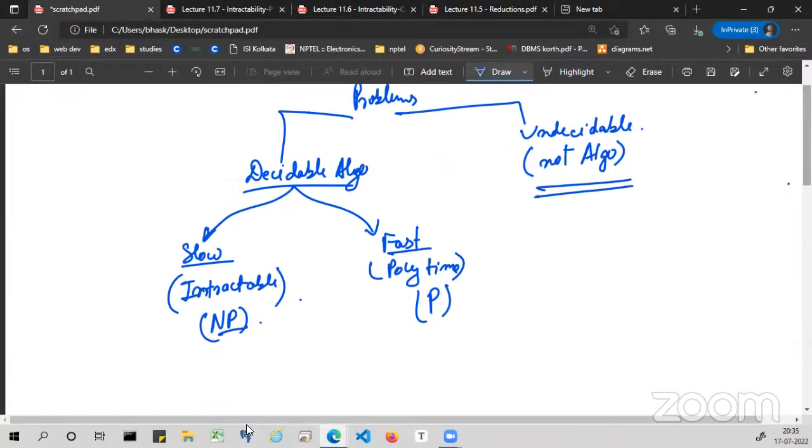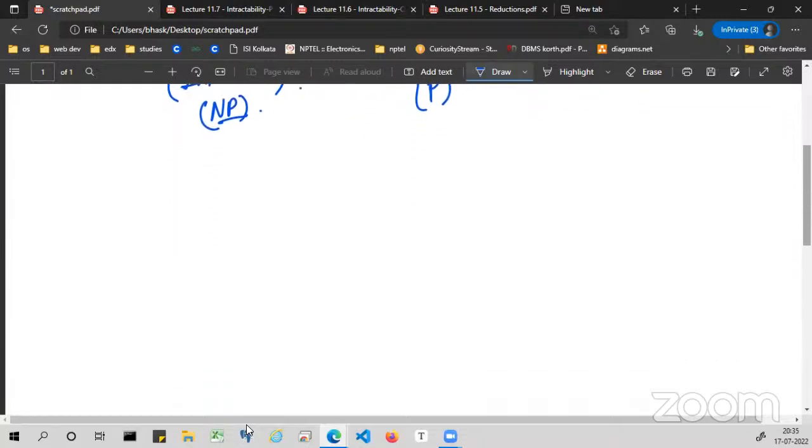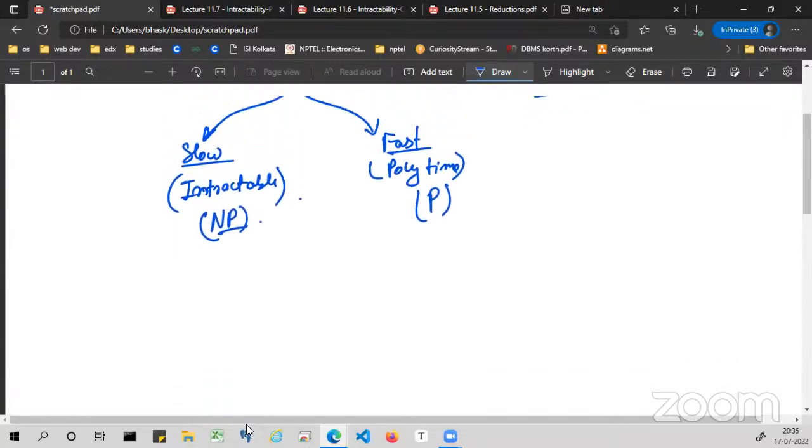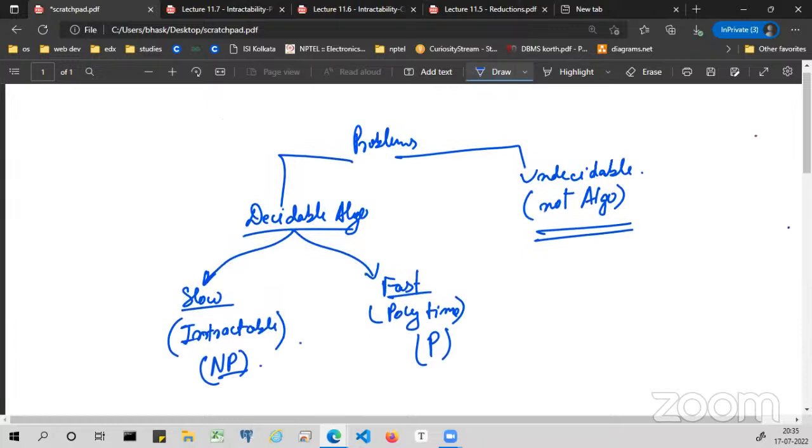But let me ask this question, and if someone wants, please go ahead. Polynomial time means it is solvable in finite time.